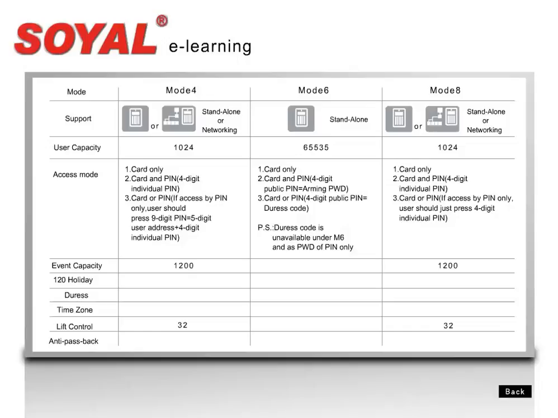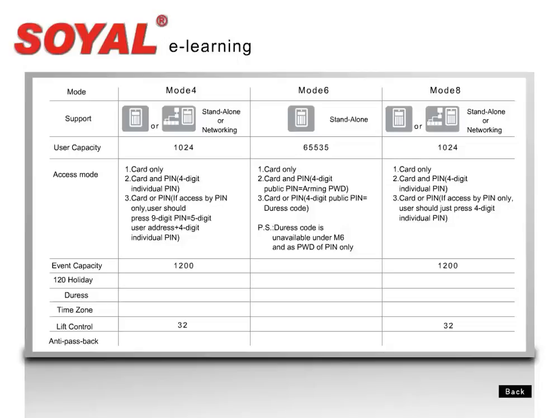The differences between M4 and M8 is the access mode. When the controller is under mode 4, access mode is card and pin. The pin would only need to enter 4 digits. However, if the user chooses the access mode card or pin, the user should enter 9 digits to the reader.